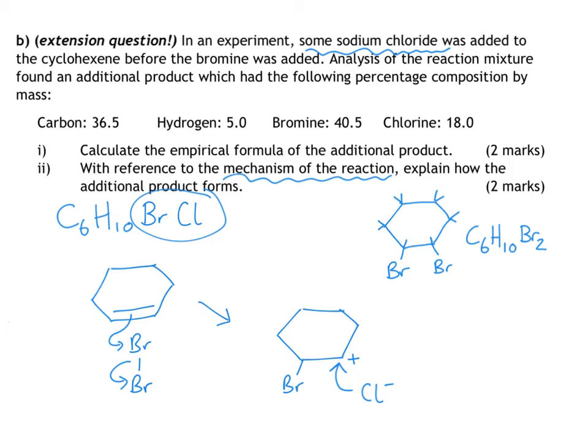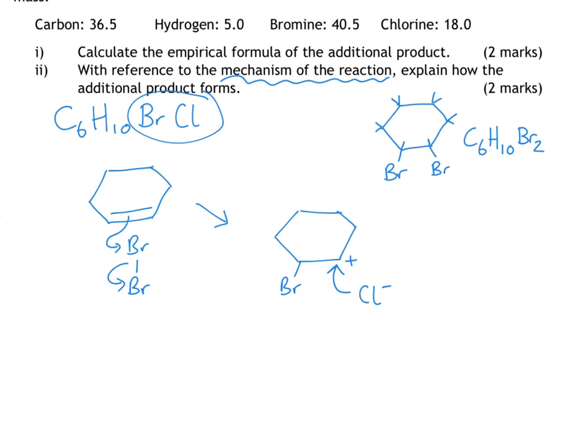So you could get 2 marks for simply drawing this, because you've referenced the mechanism and you've really just very clearly shown how it forms by the chloride ion attaching to the carbocation. If you wanted to describe it in words, then those are the words that you need to be using.